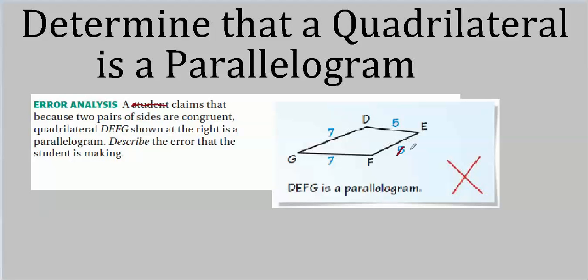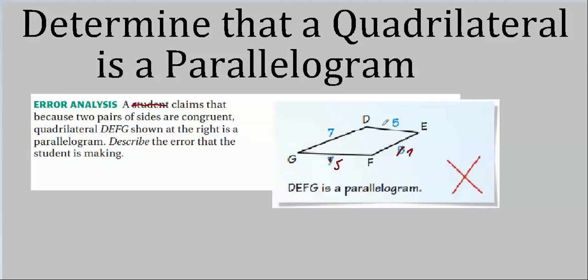If this were 7 and this were 5, we'd be in good shape with respect to this problem anyway. So that's the error. Consecutive sides don't count. You need two pairs of opposite sides to be congruent, and then you've got it. Or if you can show that one pair of opposite sides are congruent and parallel.